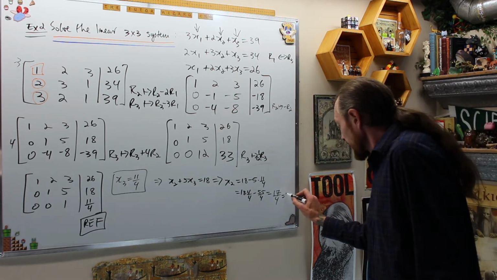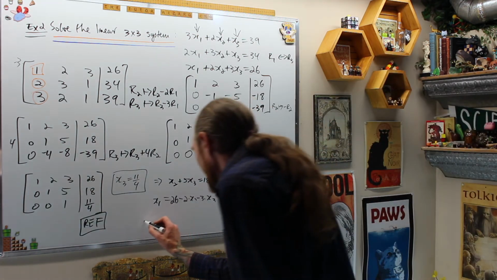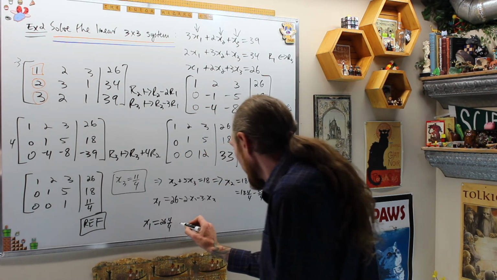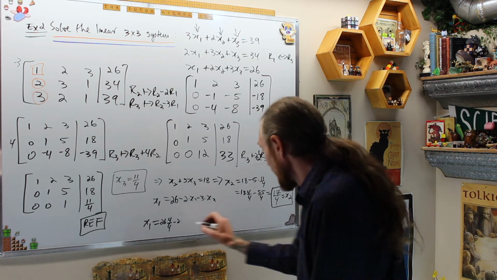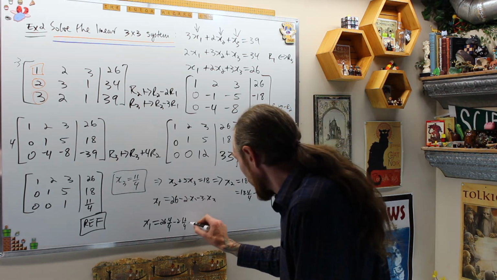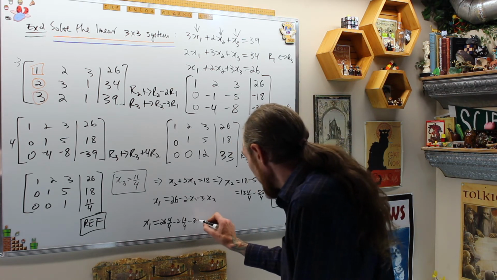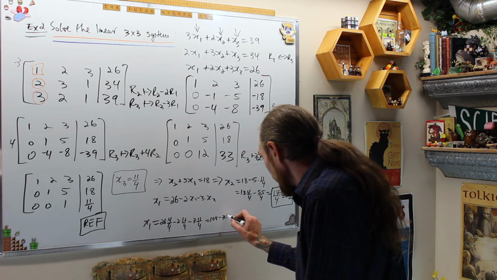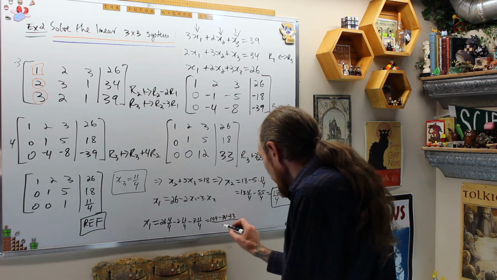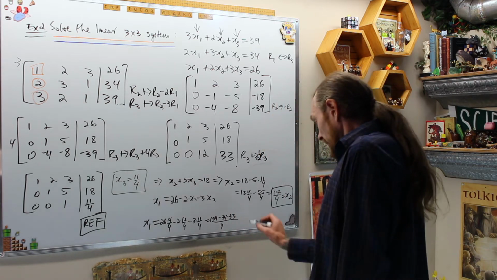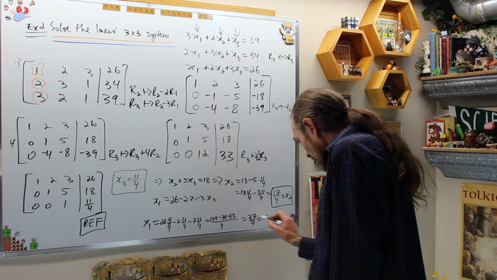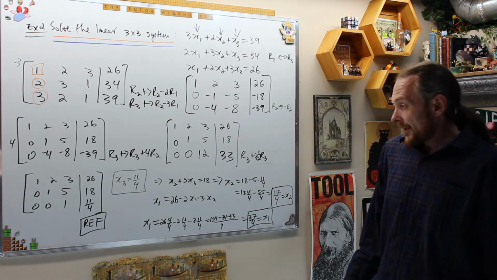That is x2. x1 is equal to 26 times 4 over 4 minus 2 times 17 over 4 minus 3 times 11 over 4, which is 104 minus 34 minus 33 over 4, which is 37 over 4. That is x1. We now have the unique solution.